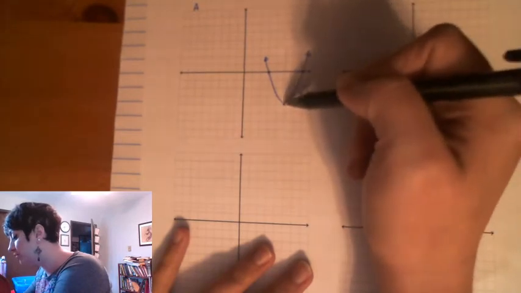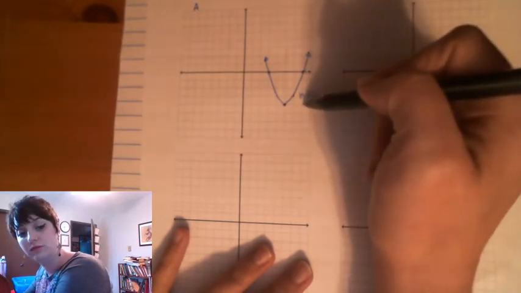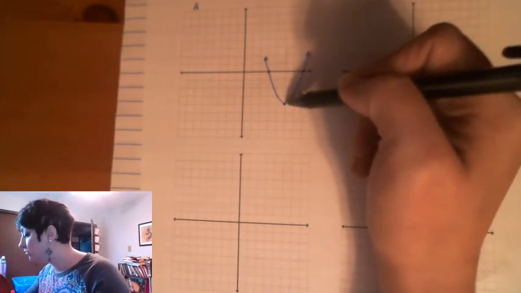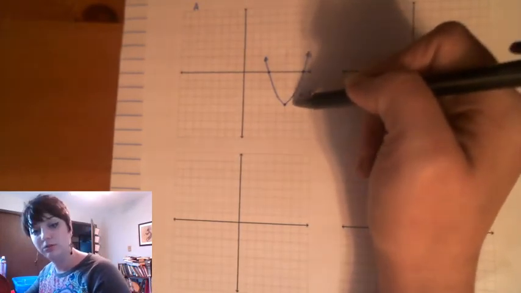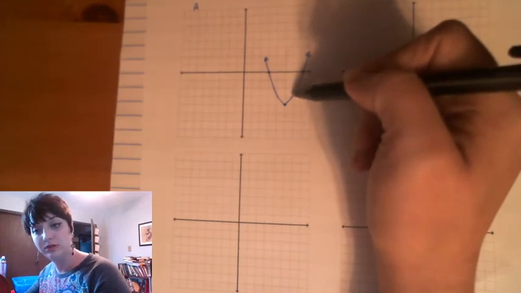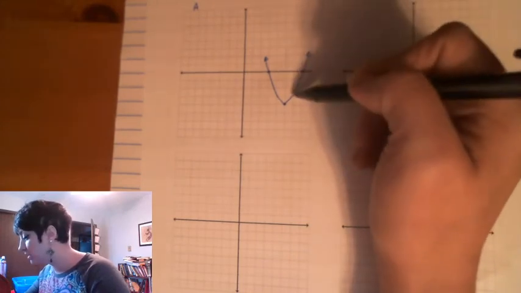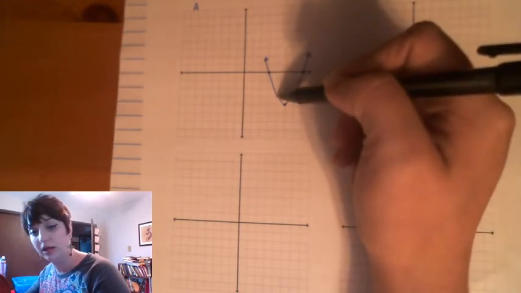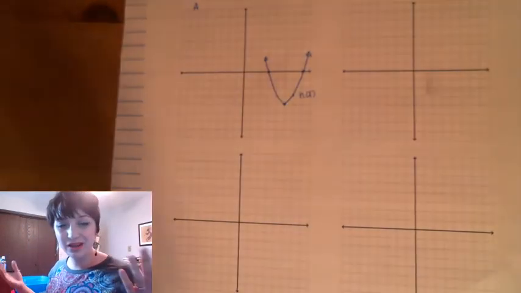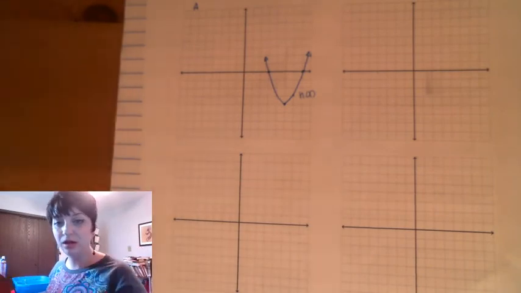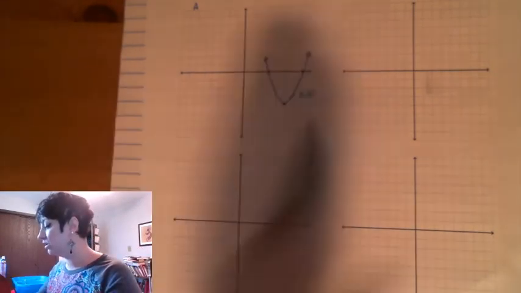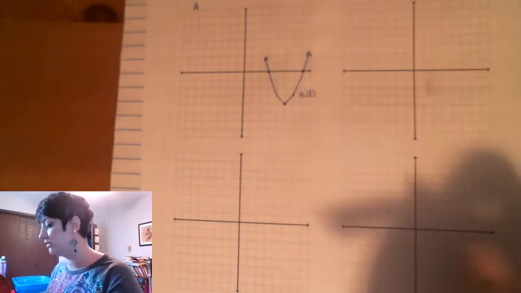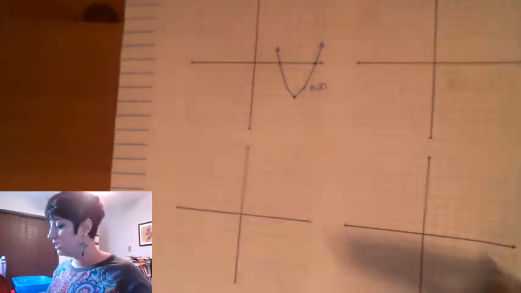So if I move 2 in the horizontal direction, I end up moving 4 in the vertical direction because 2 squared is 4. If I move 1 in the horizontal direction, I'm going to move 1 in the vertical direction because 1 squared is 1. So here's my (6, negative 3). So I could have also done (4, negative 3). That would have worked. Plugging in x equals 0 is pretty simple. If you sketch your graph, you can always pick a point on either side of the vertex as well.